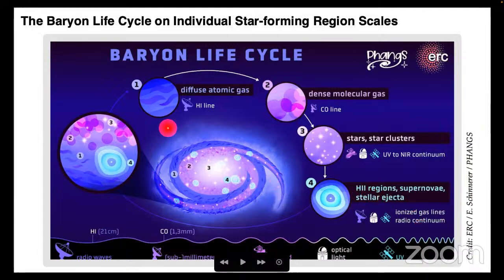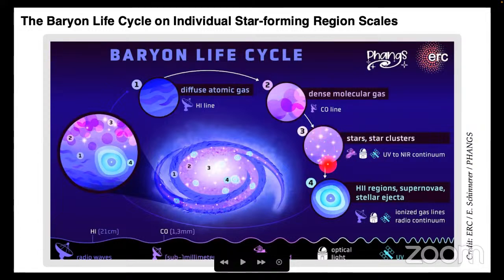Usually a star-forming region starts from diffuse atomic gas, which is only visible through radio observations of, for example, the hydrogen 21 centimeter line. Some part of this diffuse atomic gas will form dense molecular gas, which becomes visible in the millimeter band through CO observations. Some small dense part of those clouds will further collapse to form stars and star clusters.